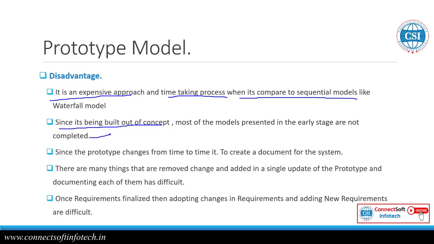So in the prototype model it's not necessary to create the product you stated at the end. Since it's built out of concept, most of the models presented in the early stage are sometimes not completed.